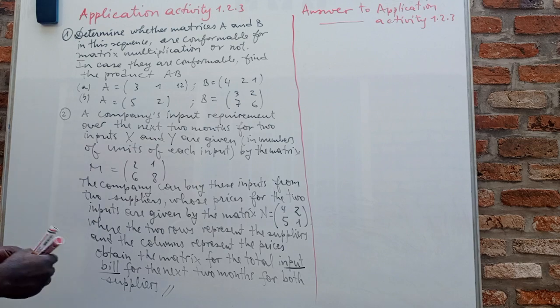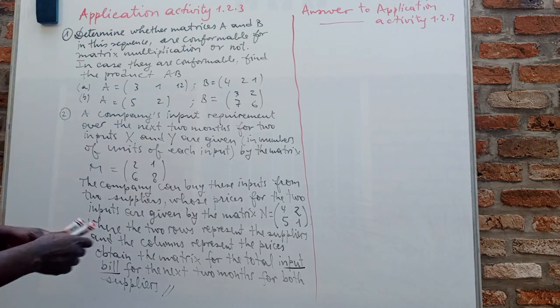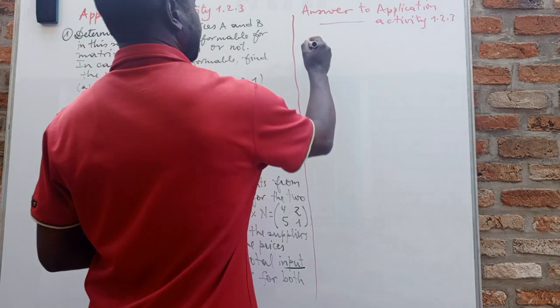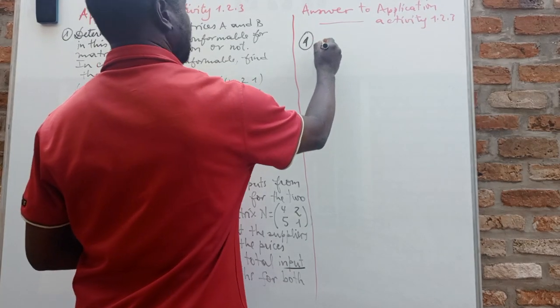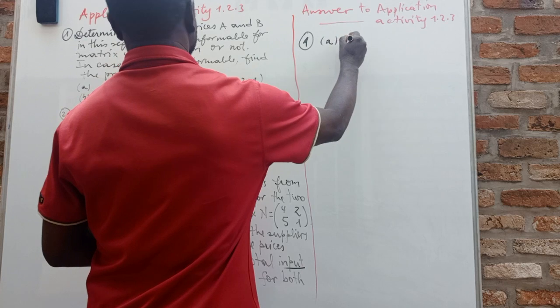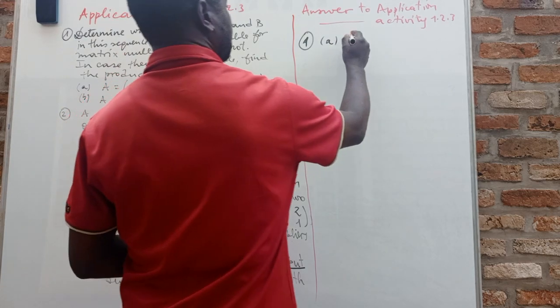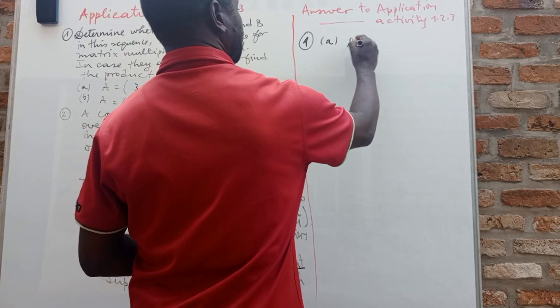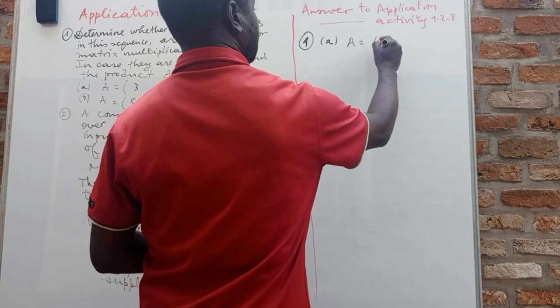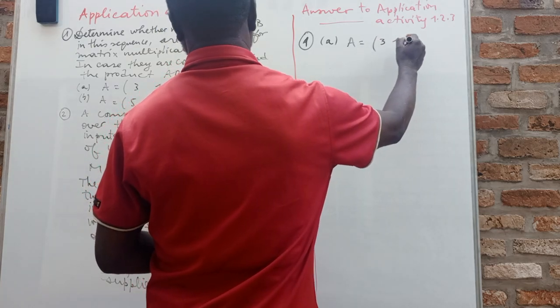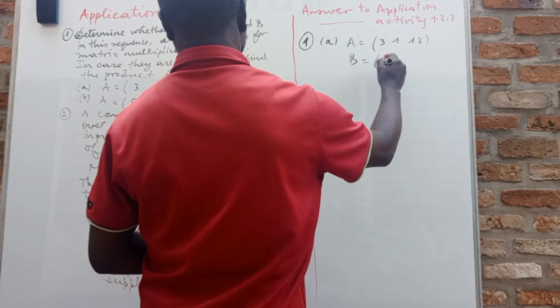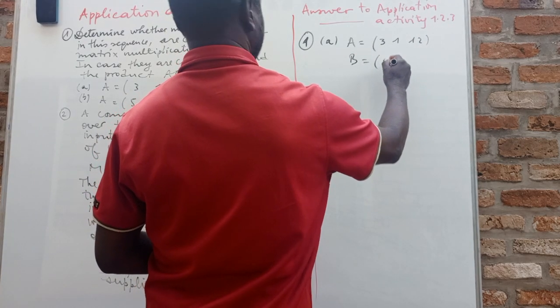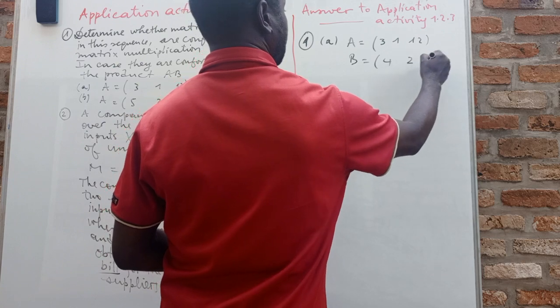Okay, so now in this case, let us start with number one. Matrix A is 3, 1, 12. Matrix B is 4, 2, 1.